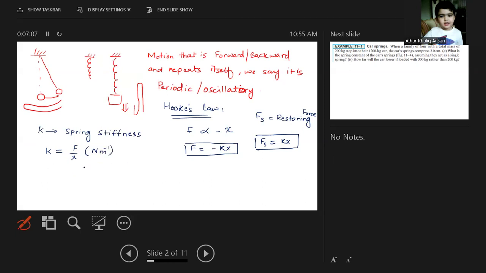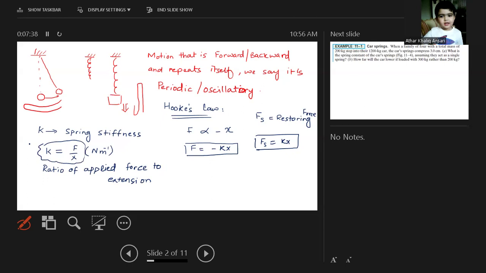Its definition is the ratio of applied force to the displacement, or you can use the word extension. So whenever we are going to find k, you need to divide force by the displacement.